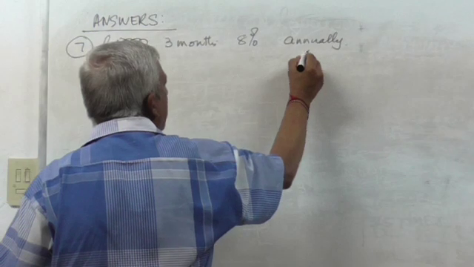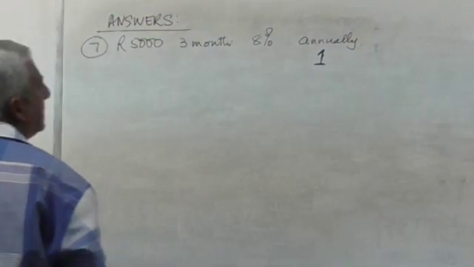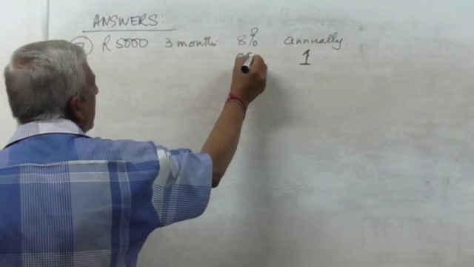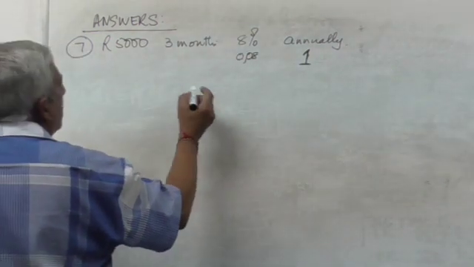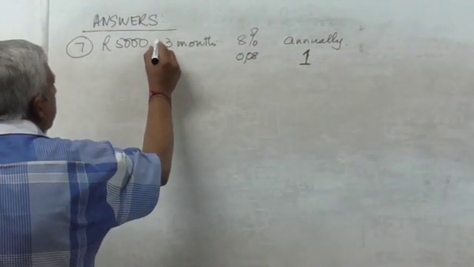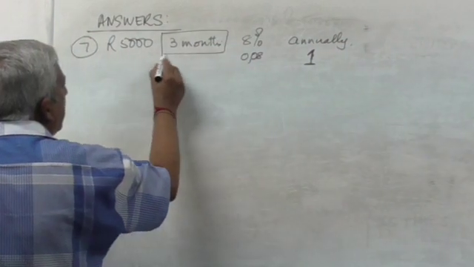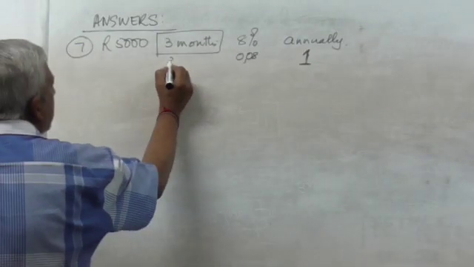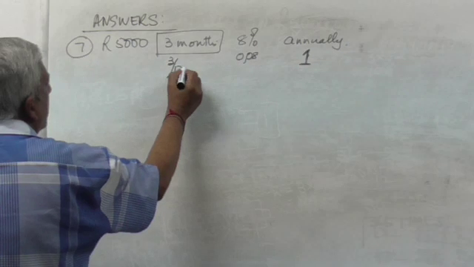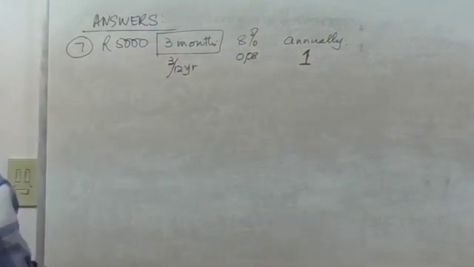So annually means I'm going to divide by 1. 8% is 0,08. So now this is the time, but the time must be in years. So this has to be 3/12. Now it's in years. You see?